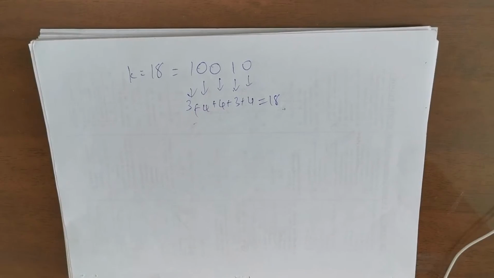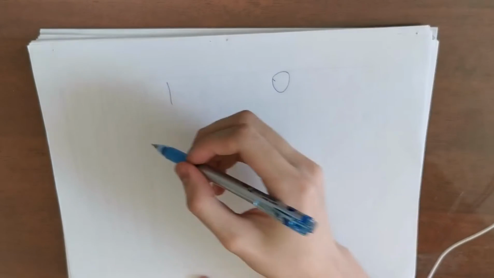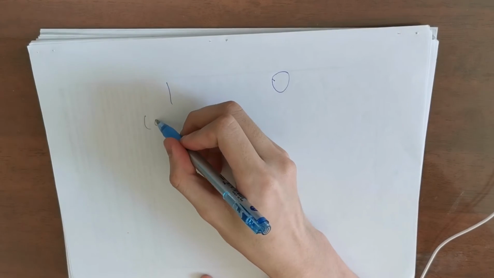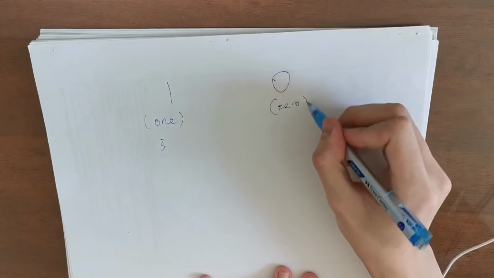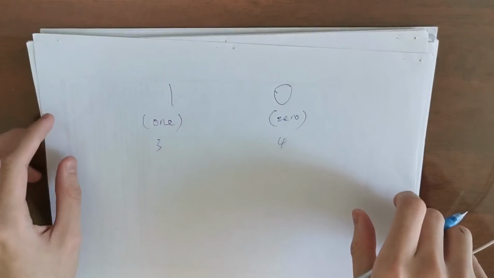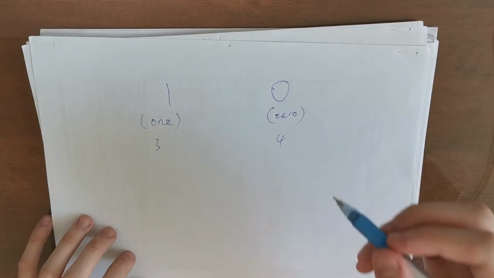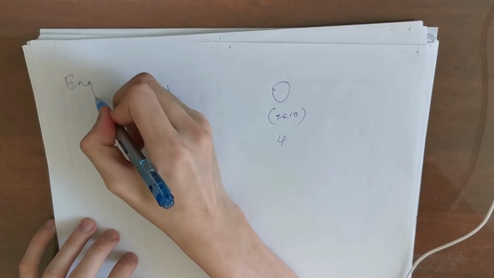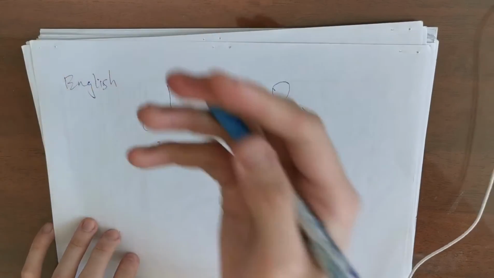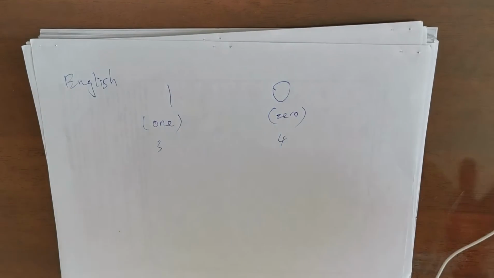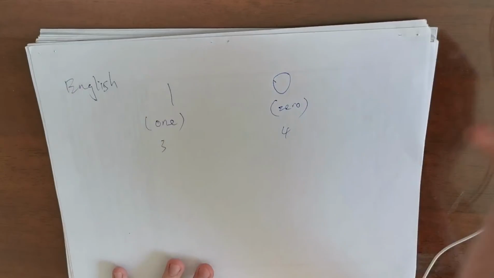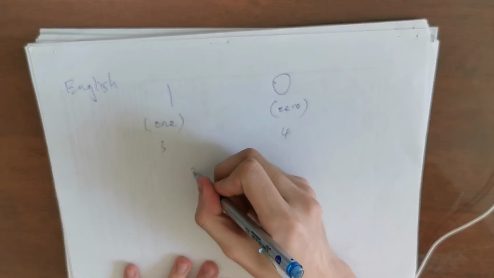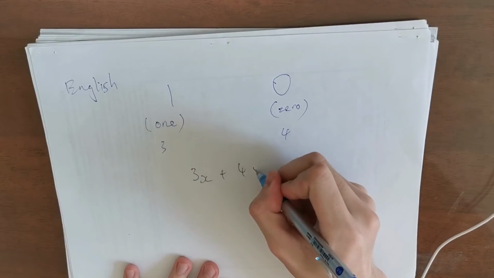Since binary is composed of two digits, 1 and 0, you can find that 1 has 3 letters and 0 has 4 letters. I start off in English and work my way up to Malay and Mandarin because the method is essentially the same. So any number in binary will have 3x plus 4y total number of letters.